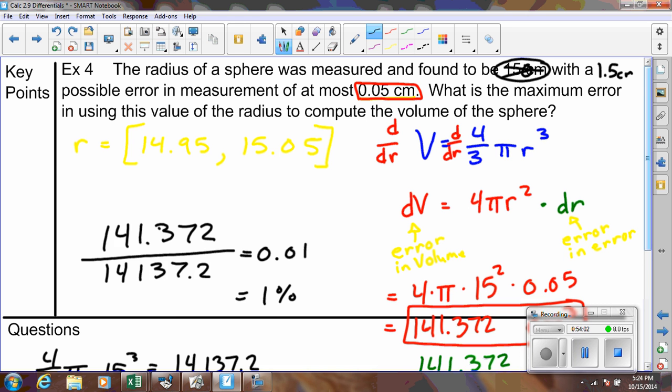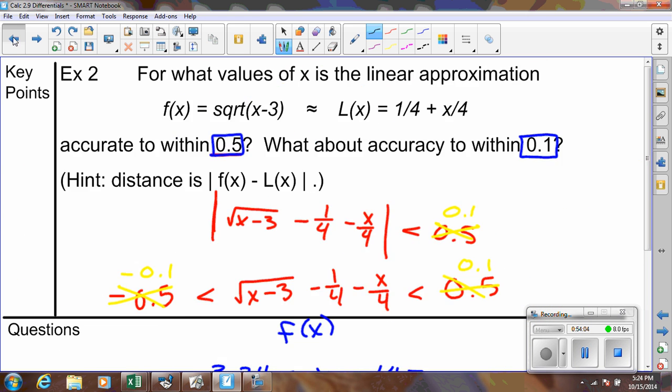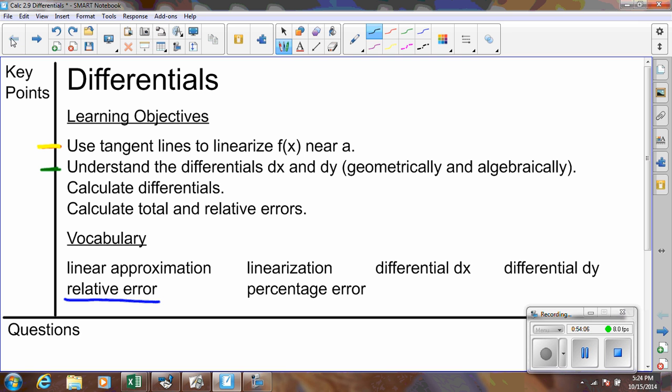So, to sum up, please note our learning objectives. Tangent lines can linearize a function near a. Tangent lines can approximate functions as long as you're taking your tangent line near a specific x value called a.